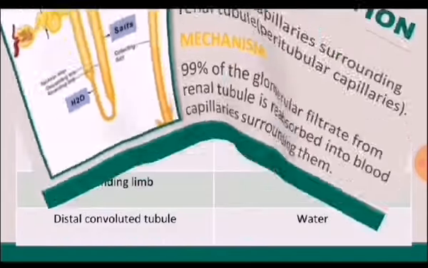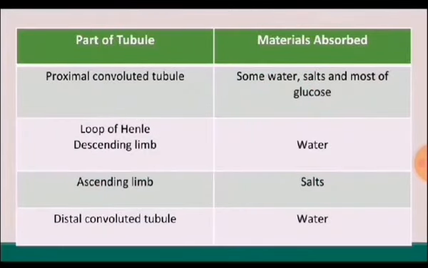It is clear from the table that in proximal convoluted tubule, some water, salts, and almost all of the glucose are reabsorbed, whereas loop of Henle is U-shaped and consists of descending limb. The descending limb is permeable to water, whereas ascending limb is permeable to salts. Again, in distal convoluted tubule, the reabsorption of water and salts occurs.